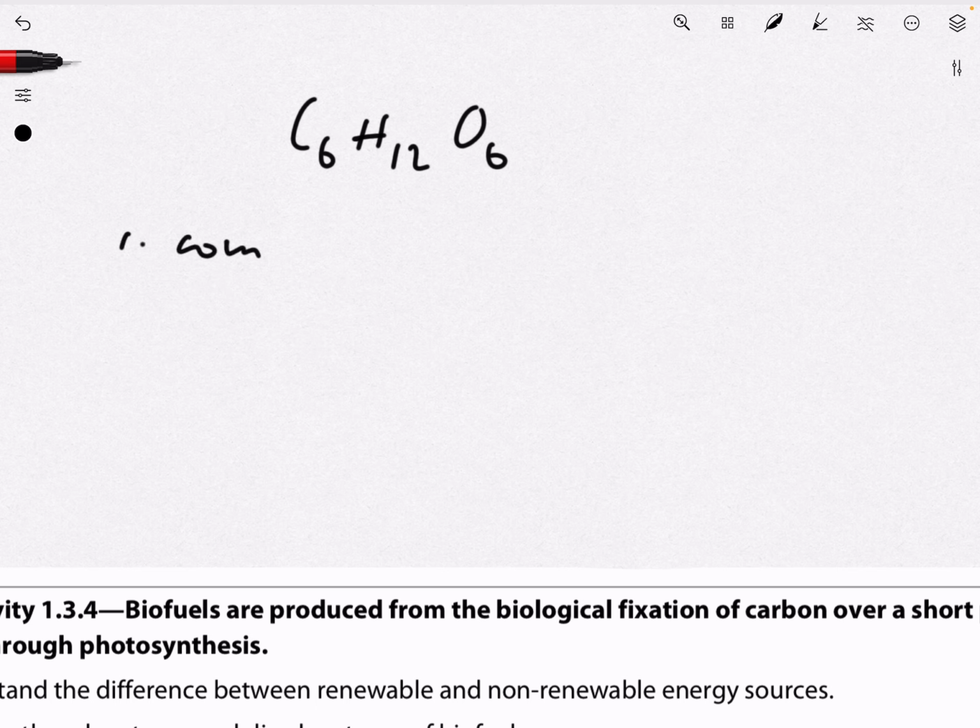through the combustion of animal or plant materials.